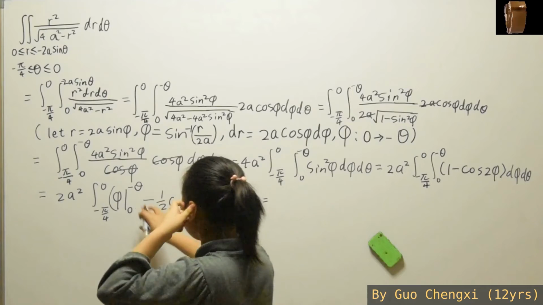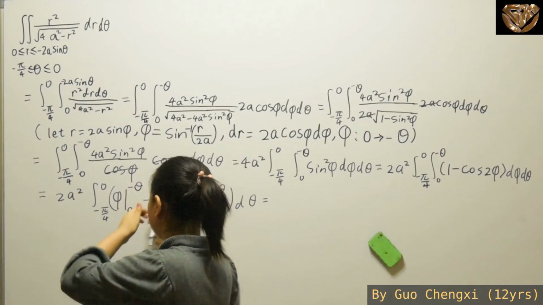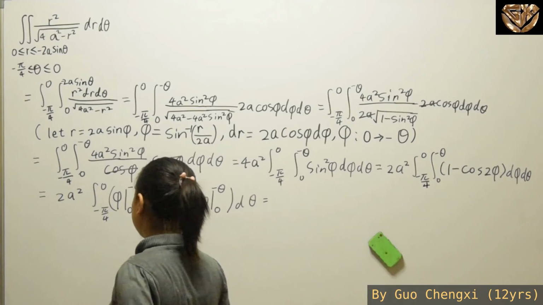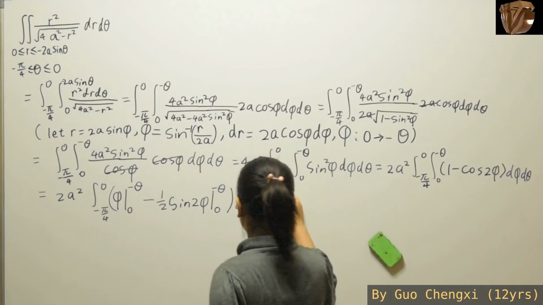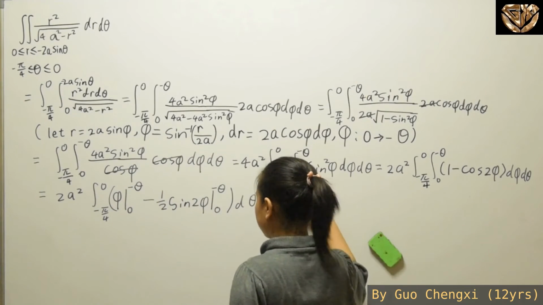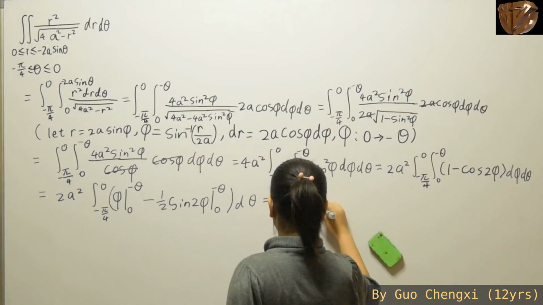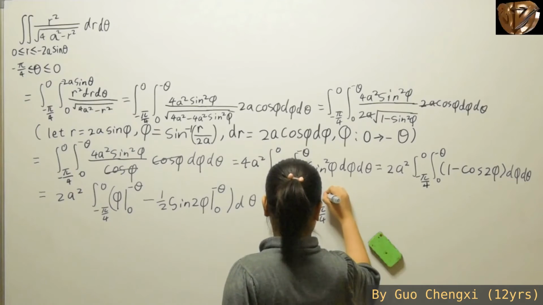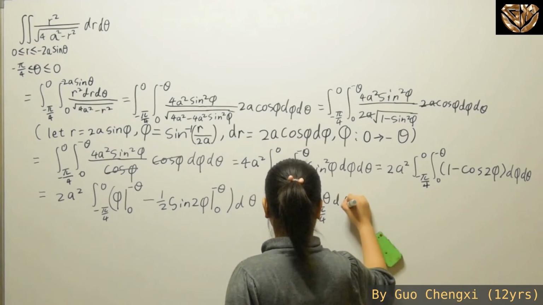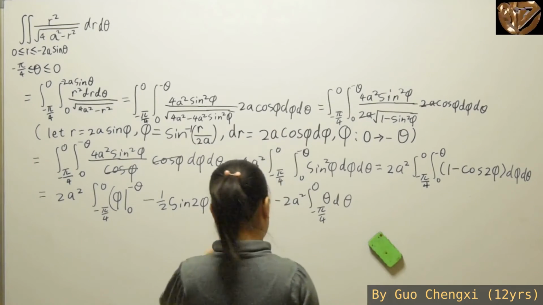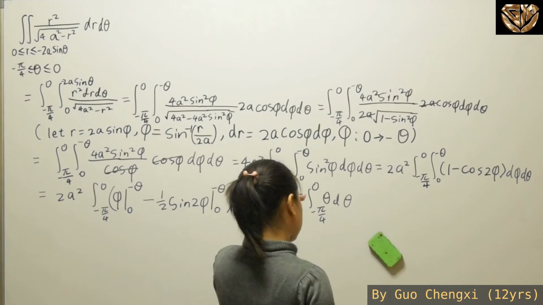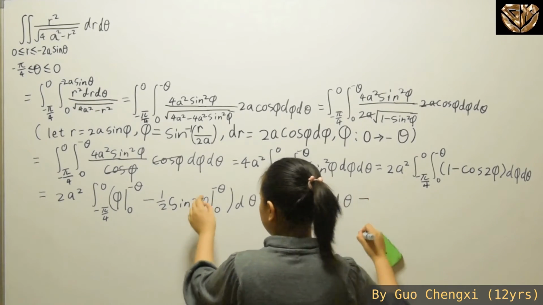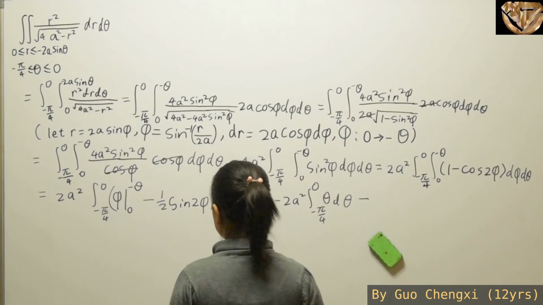Now you can substitute the boundaries in. If you substitute negative theta over here, you're just going to end up with this. When you put the 0 inside, you'll still get 0.